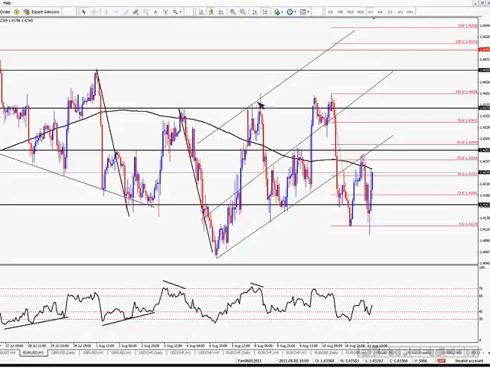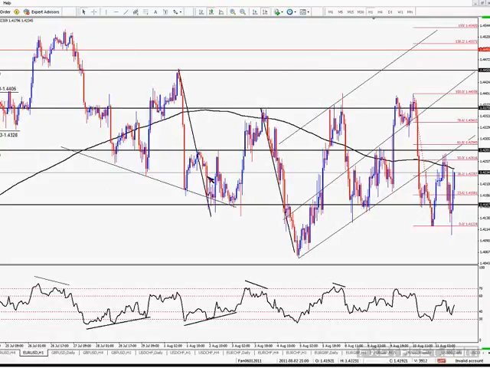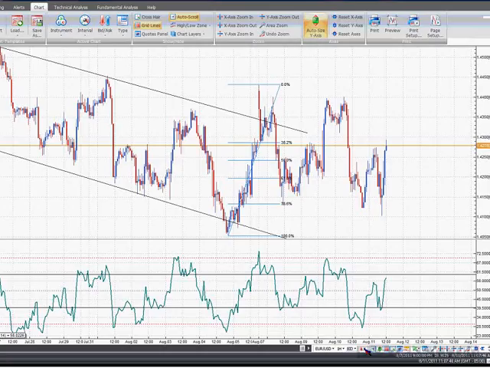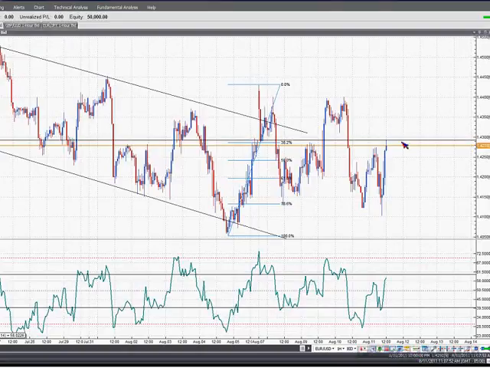Basically the market, before, was in a consolidation mode with a bearish tilt. Now the market has flattened out, basically with a range between 1.44 and 1.4055. This zone here, you see these pivots, right?